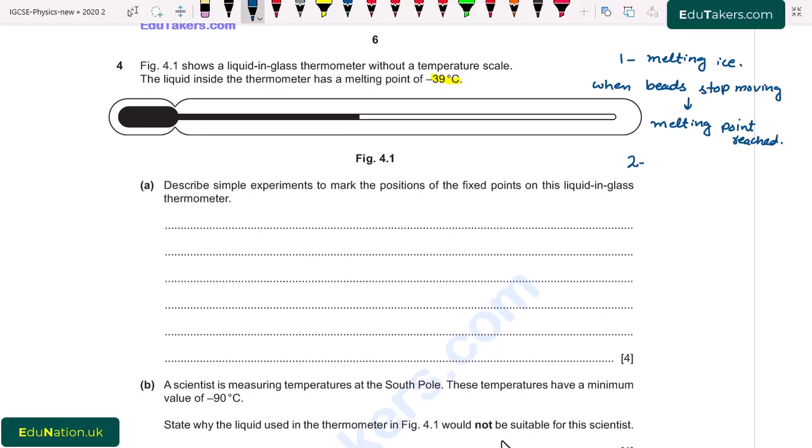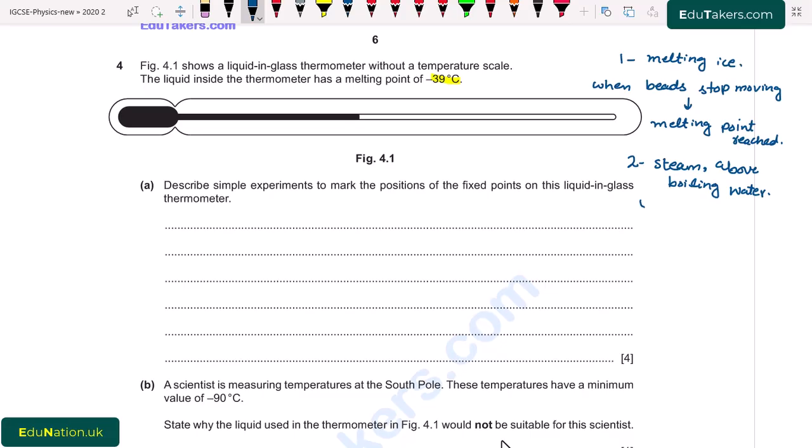Then in the second step, we have to put this into the steam, that is above boiling water. Again, the bead inside the thermometer will stop moving. Then it's the water boiling point.